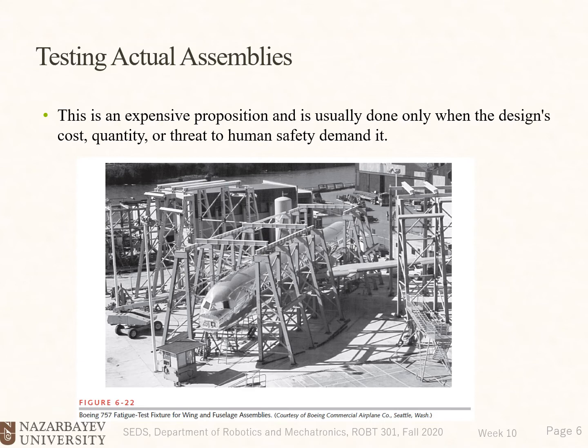Of course, we could always use a factor of safety or safety factor, and this is what we do for most of the machines, but still for aircraft we want to be 100% sure that aircraft doesn't crash.